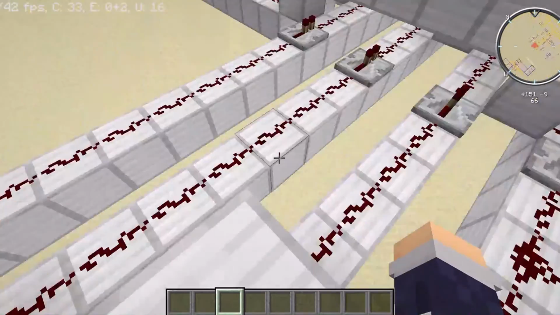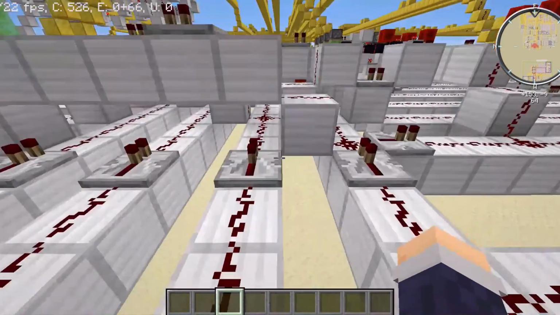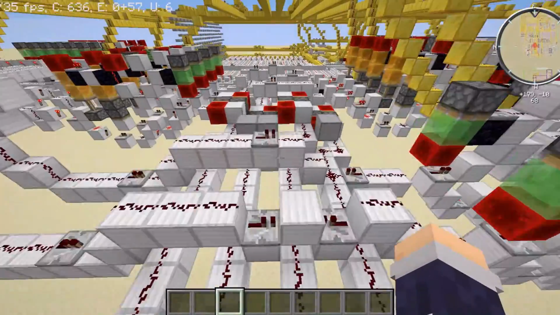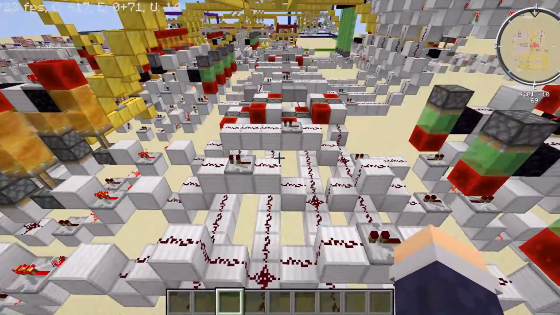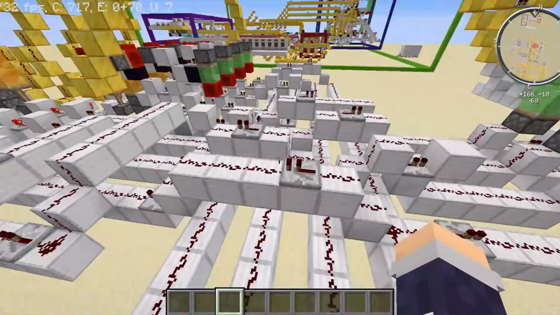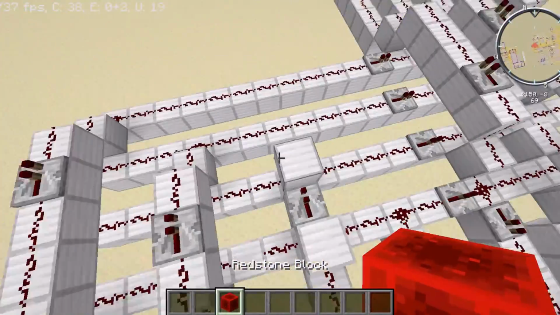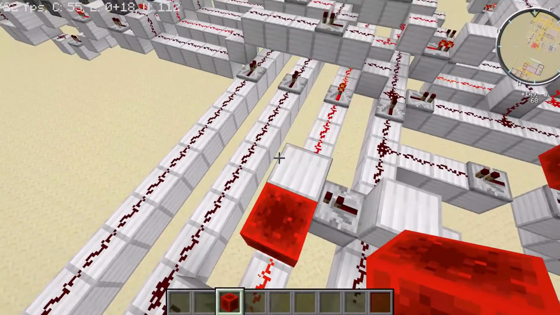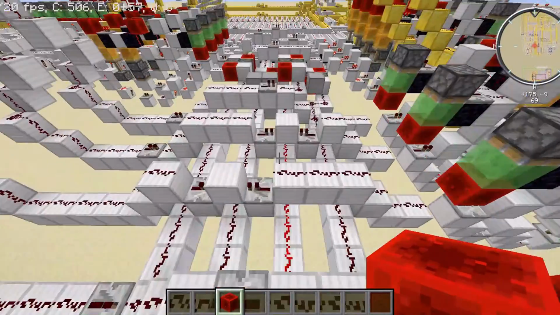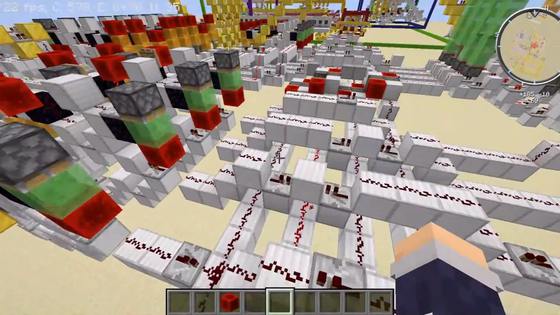What will happen if one of the lines goes on? Well, it will just go through the entire line. Can I demonstrate it? Yeah, I can. So if this line goes on, this entire line goes on.